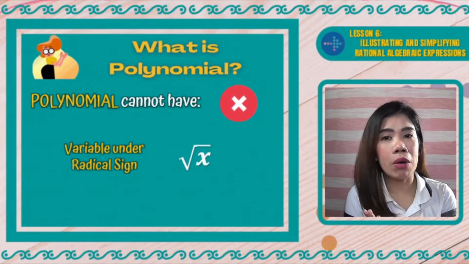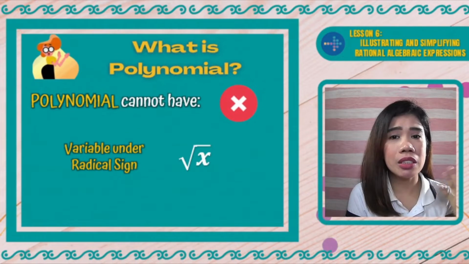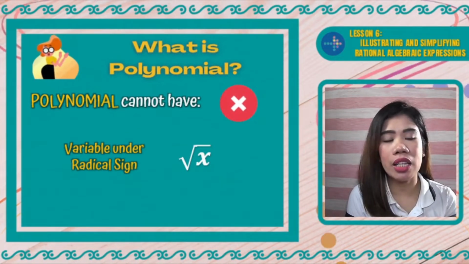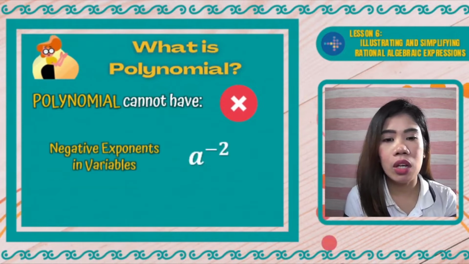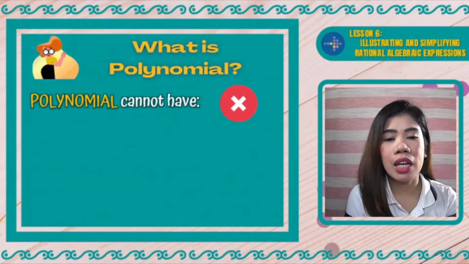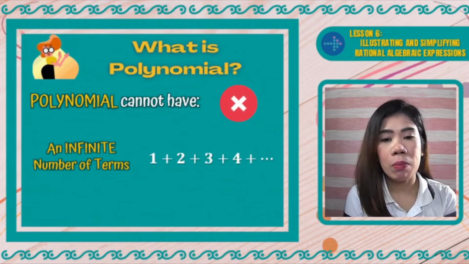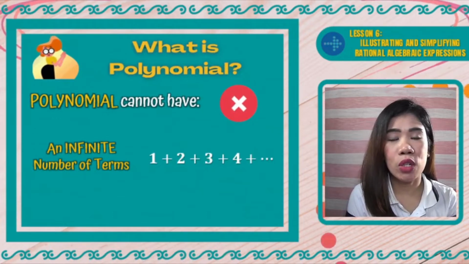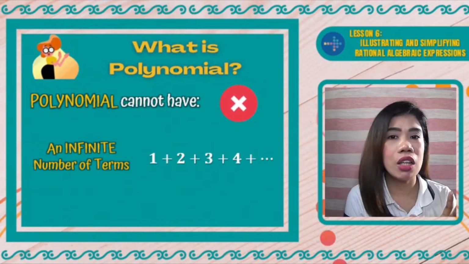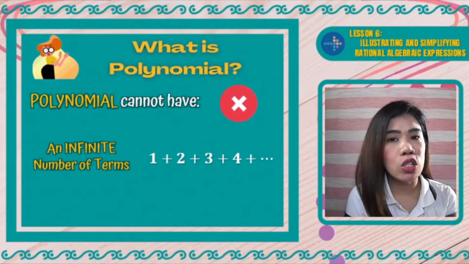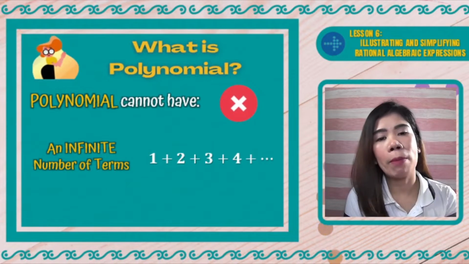Pwede lang yung number, pero yung letter na nasa loob or nasa ilalim ng radical sign, hindi siya pwede, hindi siya polynomial. At hindi rin pwede yung mga negative exponents. And last is, hindi pwedeng magkaroon ng infinite number of terms. So when we say infinite, walang katapusan. So kailangan definite number of terms lang yung expression para makonsider siya as polynomial.